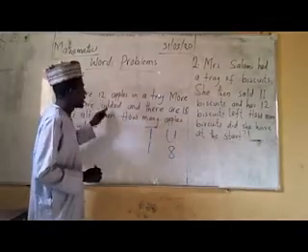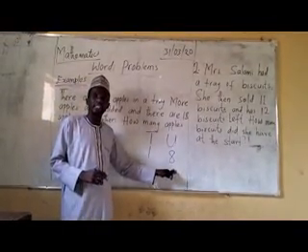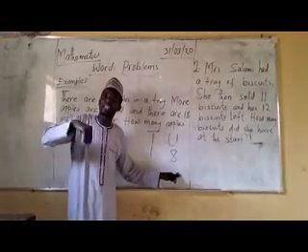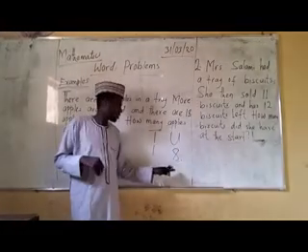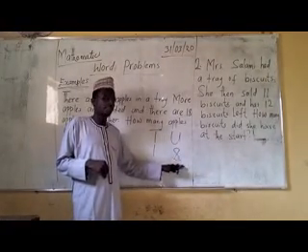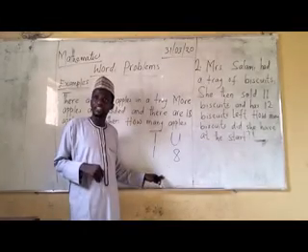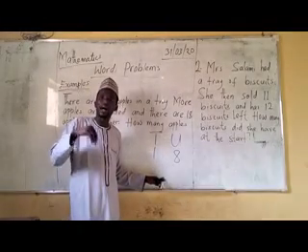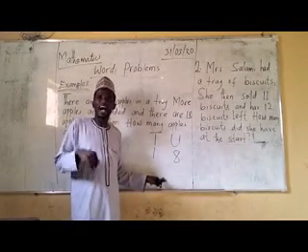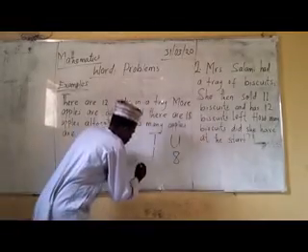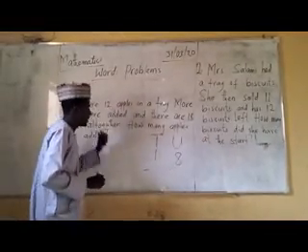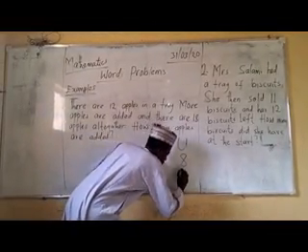So we will take away 12 out of 18, and we will know the number of apples added. Whatever we get if we take away 12 out of 18 is the number of apples added. So now we have 12 here, let us take away 12 out of 18.